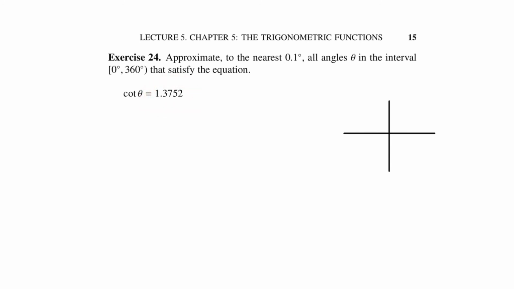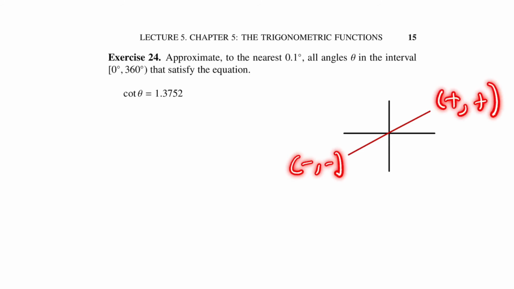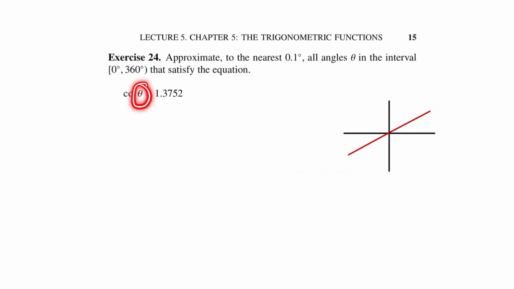It's positive in quadrant 1, somewhere over here. And it's also going to be positive in quadrant 3. Because if you have x divided by y, a negative divided by a negative is a positive. And clearly a positive divided by a positive is also positive. So there's going to be 2 answers to this problem. One in quadrant 1 and one in quadrant 3.